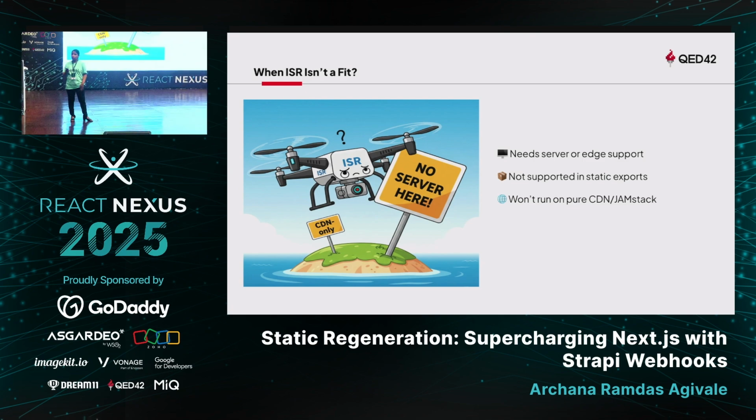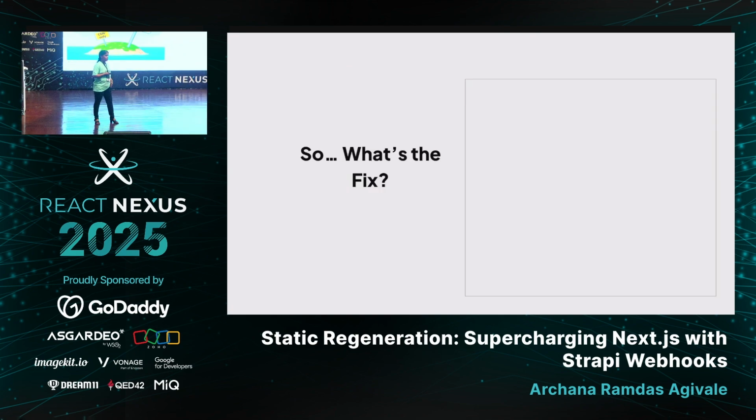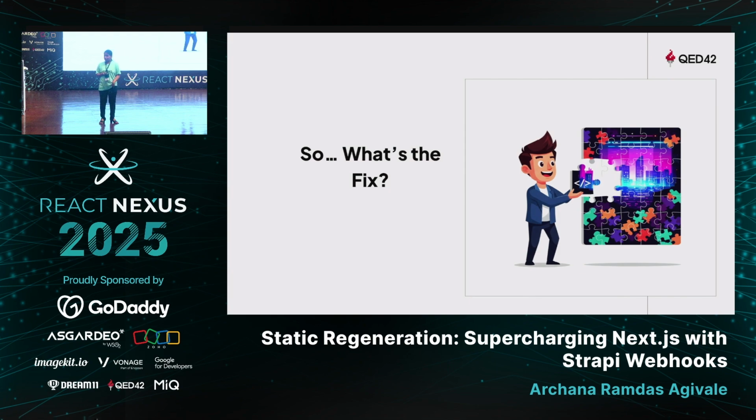So ISR won't fit your problem. So then what's the problem? You might think we can use SSR or something similar. Then again there are server problems or hosting issues. So what if we merge SSG with the validation process of ISR?